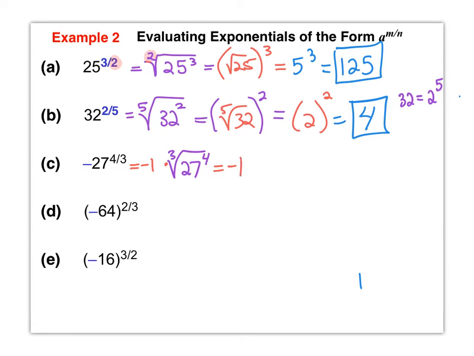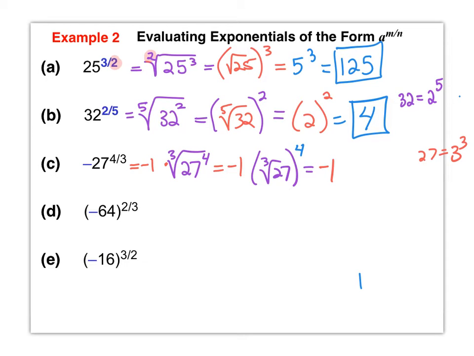So it's going to be negative 1 times, we'll do the cubed root of 27, and then we'll raise that to the 4th power. So that's going to be negative 1. The cubed root of 27 is 3. Recall that 27 is the same thing as 3 to the 3rd power, so the cubed root of 27 is 3.